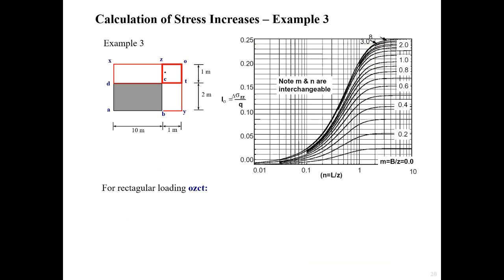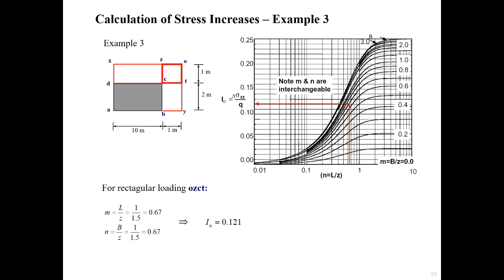Next, for this small rectangle, because it's a square, B and L are the same, so both equal 1 meter. And Z, again, is a constant, 1.5 meters. So we can easily get the values of M and N, that's 0.67.